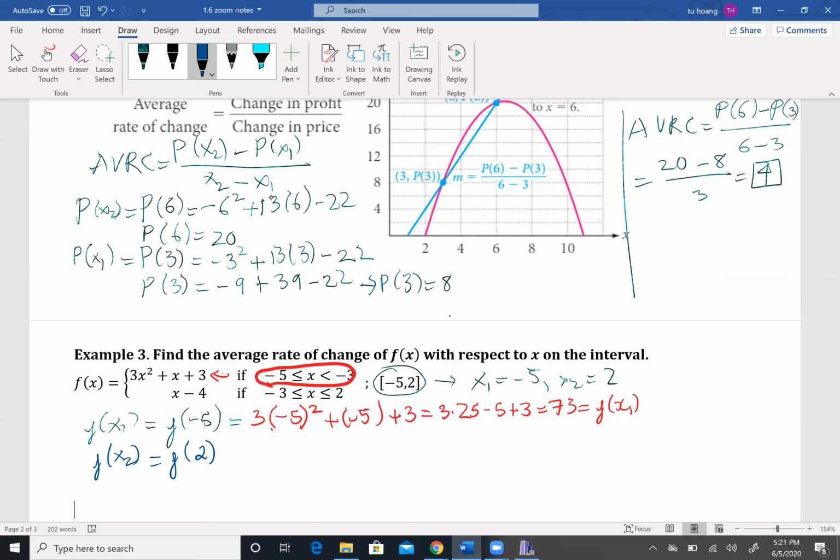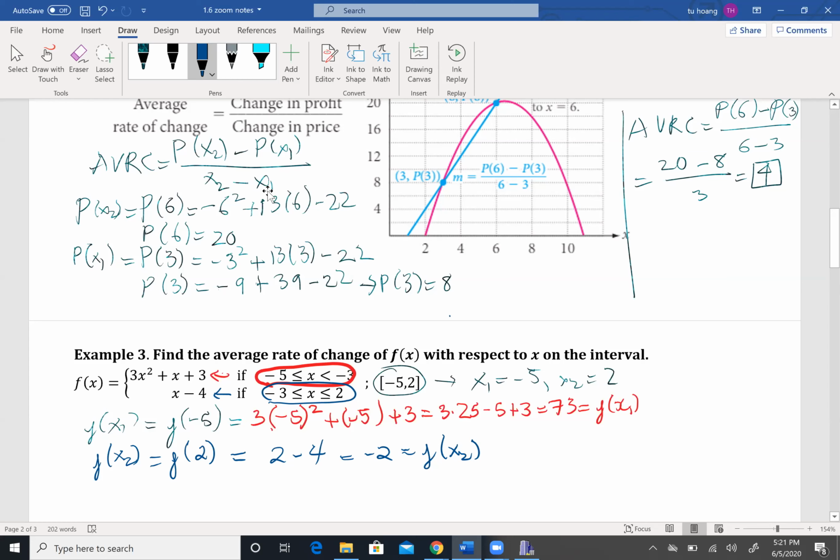Here, 2 lies on the second part, which is the second function here. So I will apply that expression, which is 2 minus 4, and that's going to be equal to -2. And that equals f(x2).